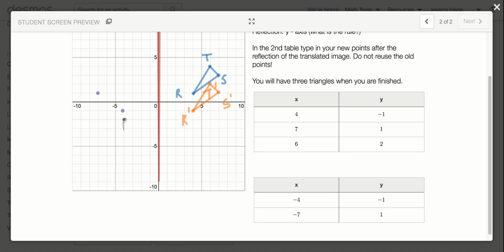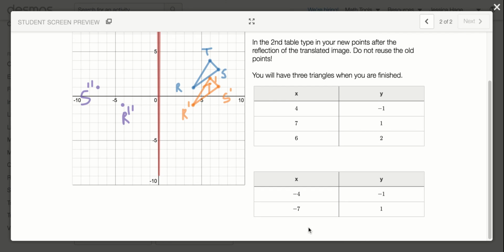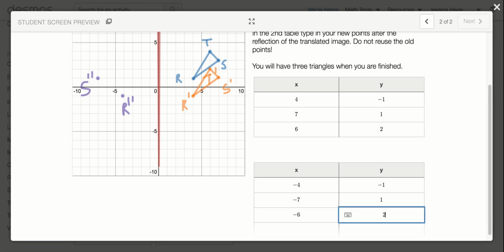And remember, this is R double prime. This is S double prime. And then you should see that T is going to match up here somewhere. So 6 is negative 6. And then we're going to leave the 2 alone so it can stay side by side with this. So if T prime was over 6 up 2, and we're 6 away from the y-axis, we're going to be 6 away from the y-axis over here.